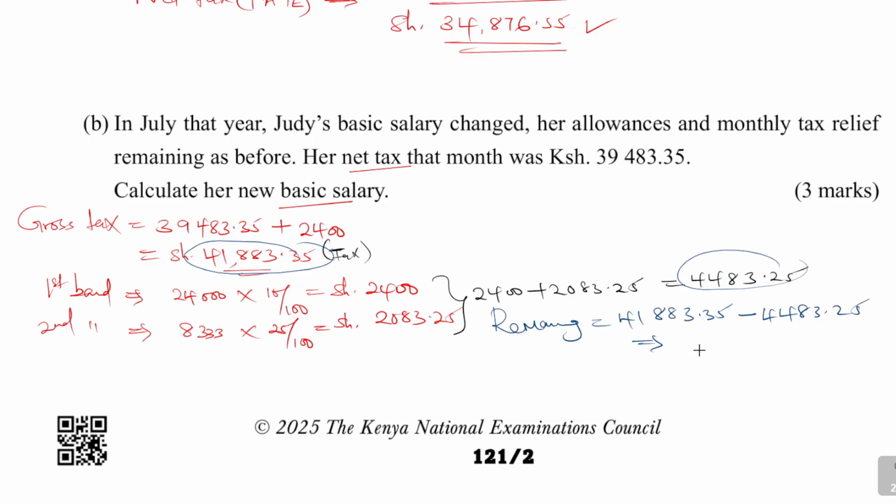What is remaining will be 37,400 and 10 cents. This is the tax that goes in the third band.